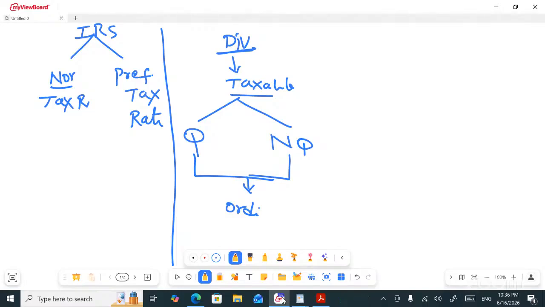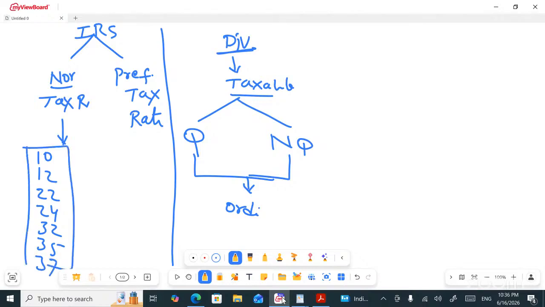In my first class, I already explained that there are totally 7 types of tax rates: 10%, 12%, 22%, 24%, 32%, 35%, and 37%. In total, we have 7 types of tax rates.